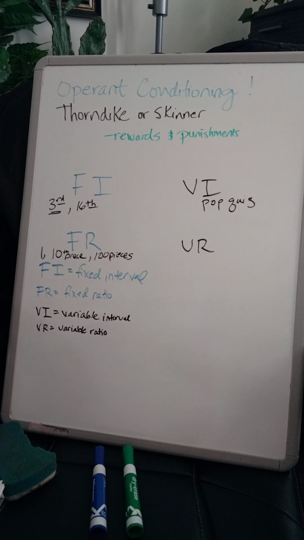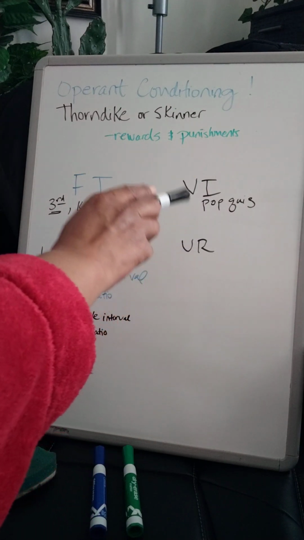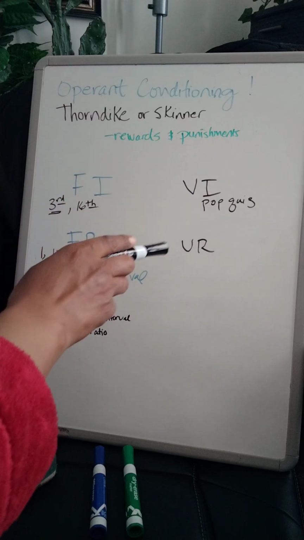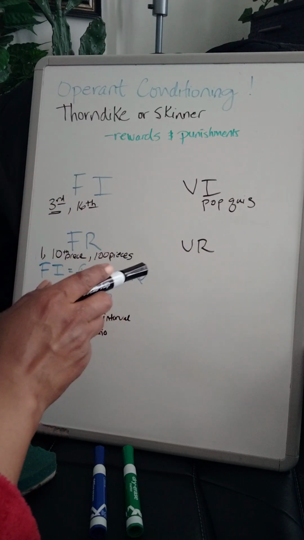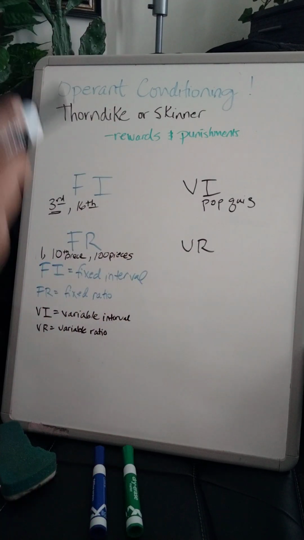Some teachers may give a pop quiz after reading a chapter, maybe every Friday, maybe once a semester. You don't know the time, but you know that during that time period in that class, you are given a pop quiz. So that's variable interval: reinforcement after a variable amount of time, as long as the behavior is emitted at least once during the interval.